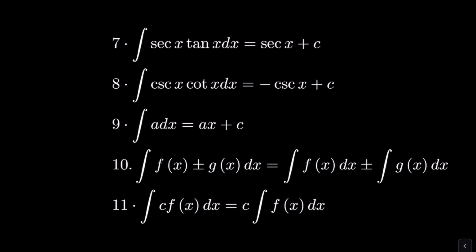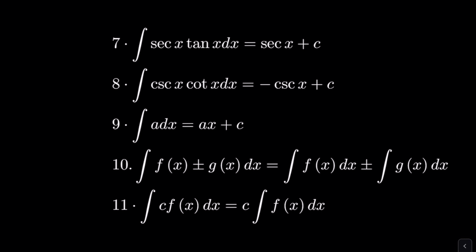And we have some other antiderivative formulas, which are also kind of derivative formulas. So if you want to find an antiderivative for secant x tan x, the one antiderivative would be secant x. And you can simply check the derivative formulas and see that the derivative of secant x is actually secant times tan.